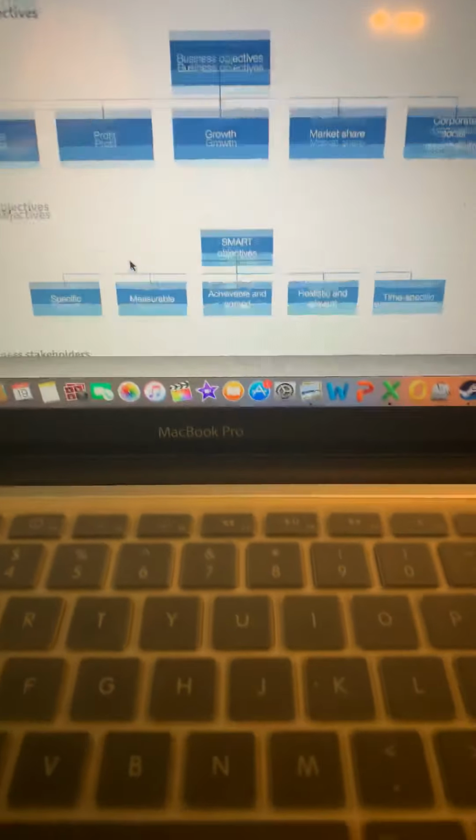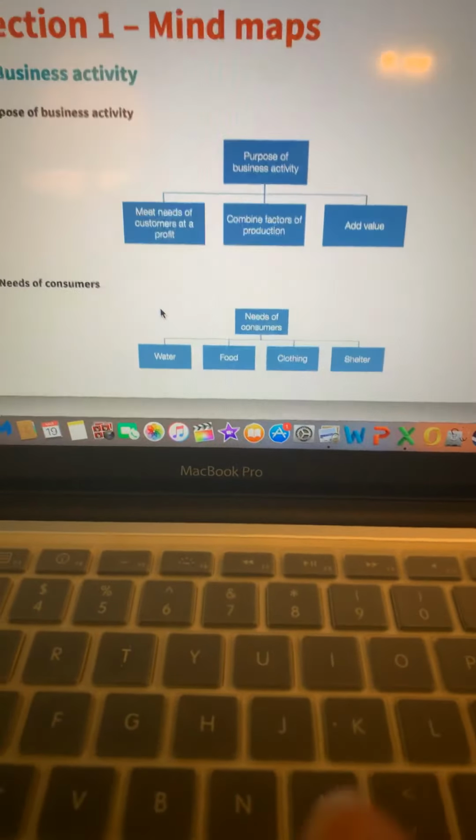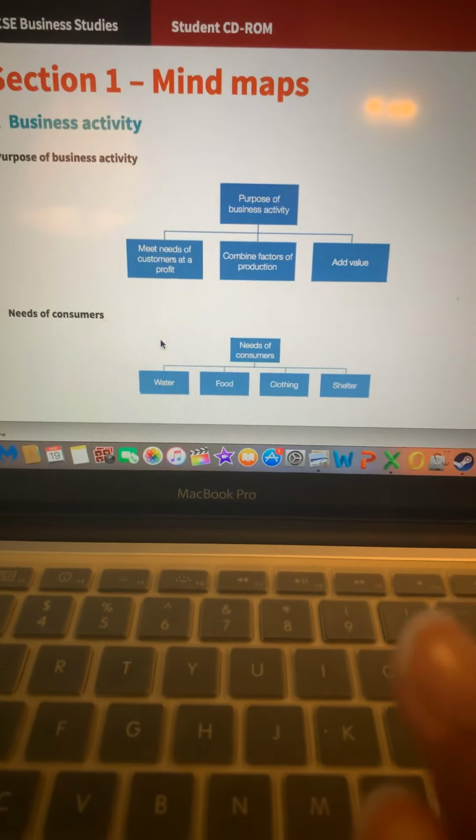Now, these items here are basically from section 1, and they cover the basics of business, like the types of businesses, why they are developed that way, why they are important, things like that. So you've got to remember that stuff.